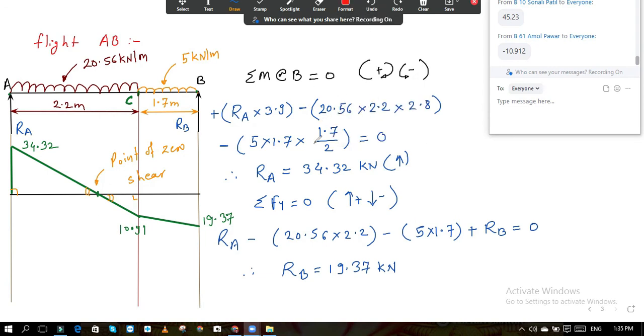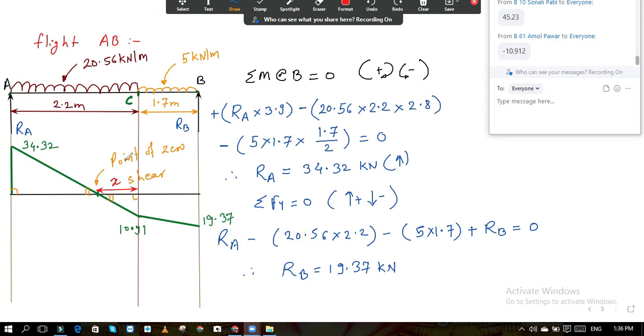Then suppose now I will assume this distance as x from point C up to this point of contraflexure. Let us assume that this distance is x.